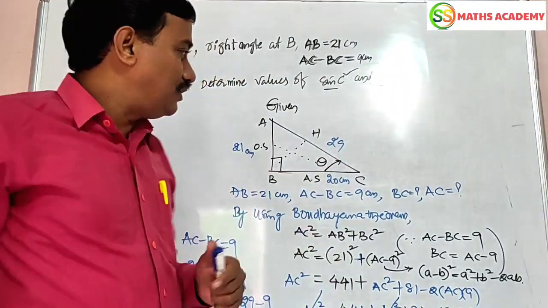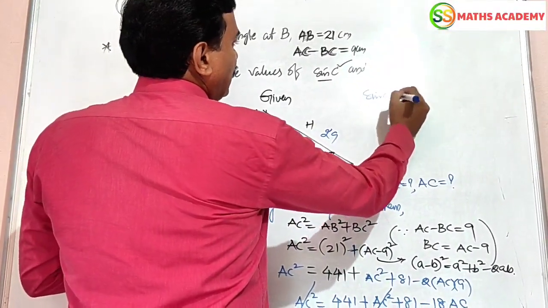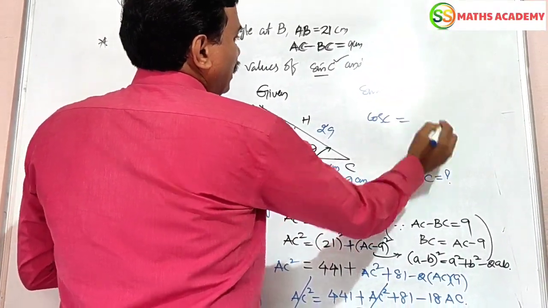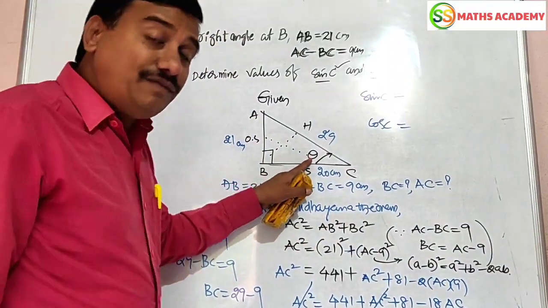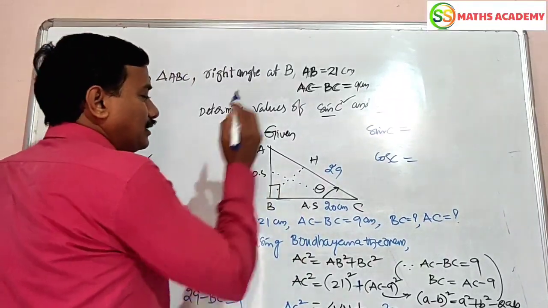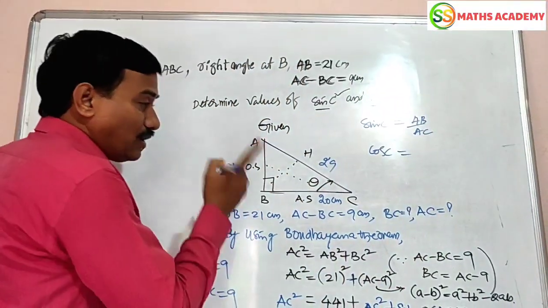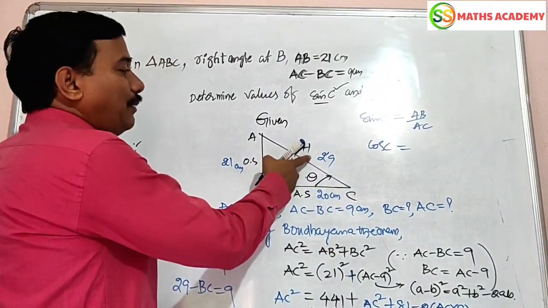Next, I have to continue this question. See, what is asked? Sin C and cos C. Dear viewers, with respect to theta, with reference to C, for sin C the opposite side is AB and the hypotenuse is AC. Now cos C is adjacent side by hypotenuse.